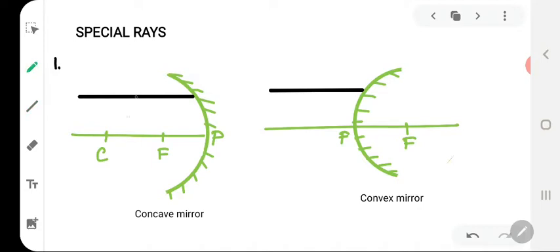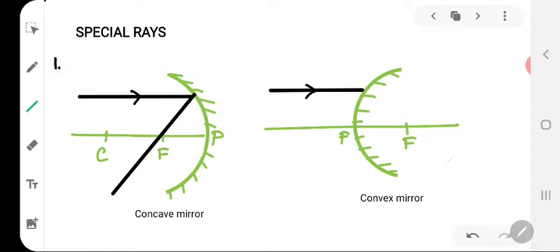After suffering reflection, now this is a ray of light, so we need to mark the arrowhead. So after suffering reflection, it passes through the principal focus. So this is how the ray of light will pass.